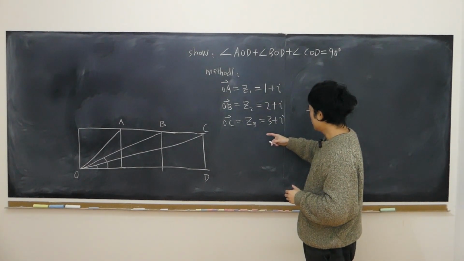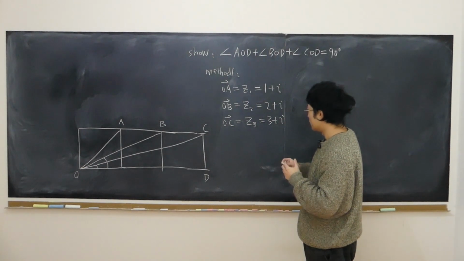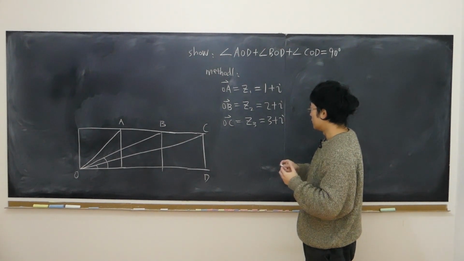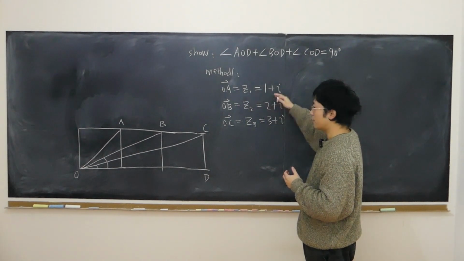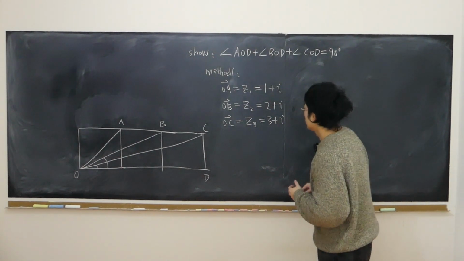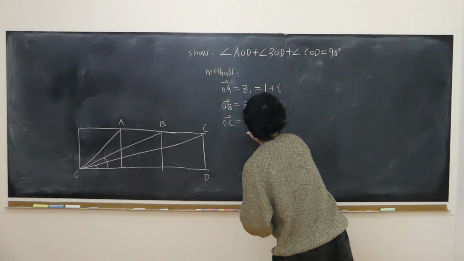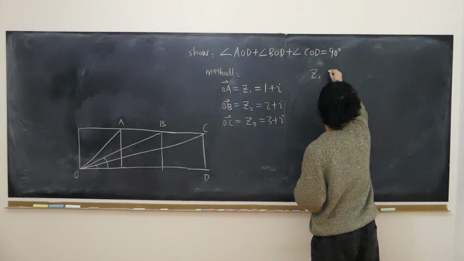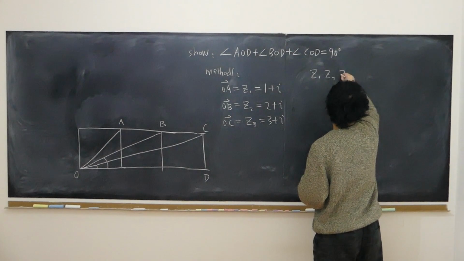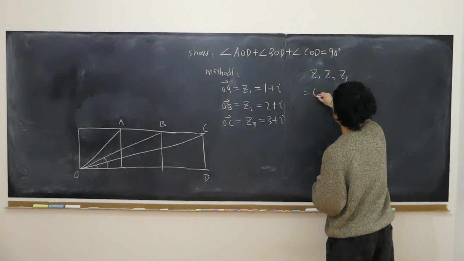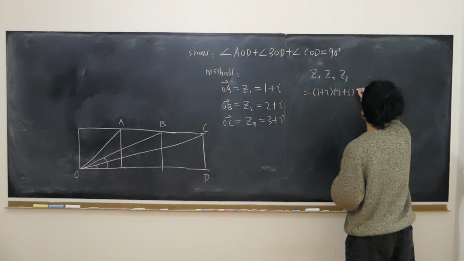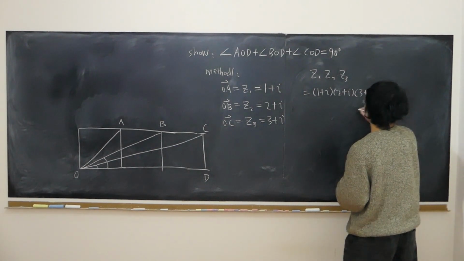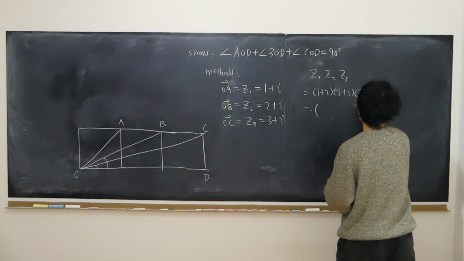And the angle of our new complex number should be equal to the sum of our individual complex number angles. So simply, Z1 times Z2 times Z3 is easily 1 plus I times 2 plus I times 3 plus I.